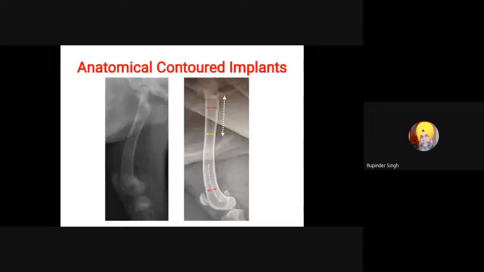So because of this, the implant, the yellow line which I am showing on the left side. Because the pins are available as straight pins, if I bring it, it is unlikely to engage this.